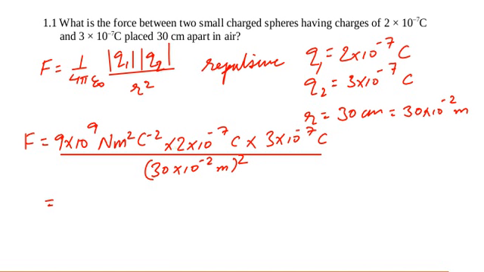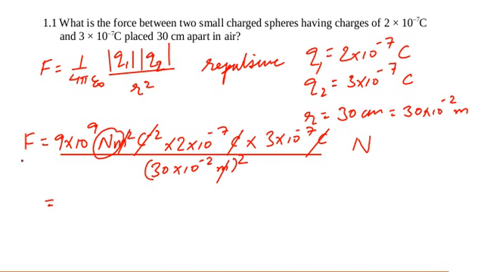I have meter square in numerator and meter squared in denominator. Both cancel out. 2 Coulombs make Coulomb square, and I have 1 Coulomb minus 2. These cancel out, and only unit left is Newton. So this quantity will have a unit of Newton.